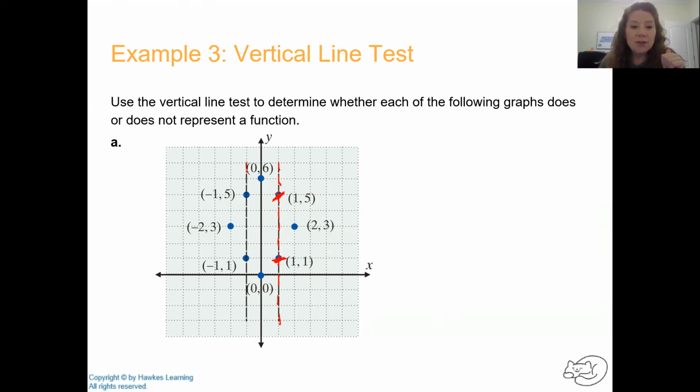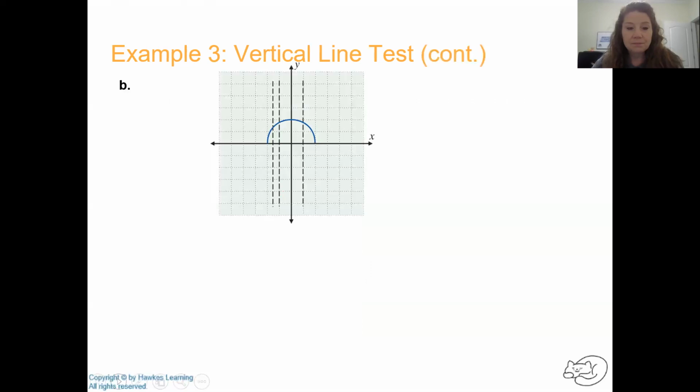We could have done our vertical line here as well, and we would have gone through 2 points on the same vertical line. So it would have failed on this vertical line, and it would have failed on this vertical line as well. So when you draw a vertical line, if you go through any of the ordered pairs more than once, or through 2 of them, it's not a function. So this is not a function.